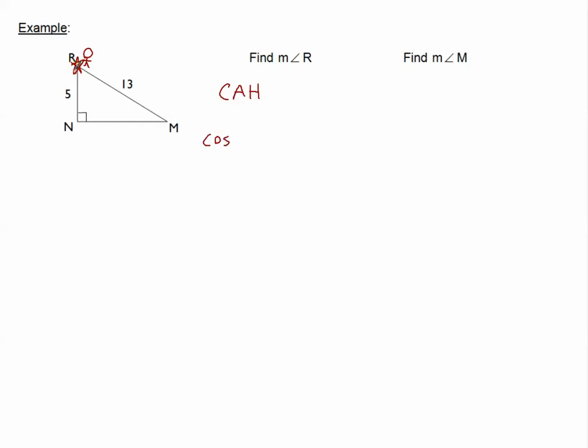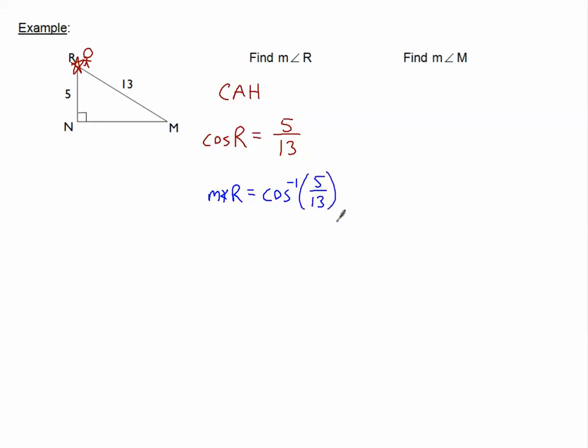The cosine of angle R is equal to the adjacent divided by the hypotenuse, 5 divided by 13. And there's my equation. All I need to do is find angle R. I know that the measure of angle R will be equal to the inverse cosine of 5/13.